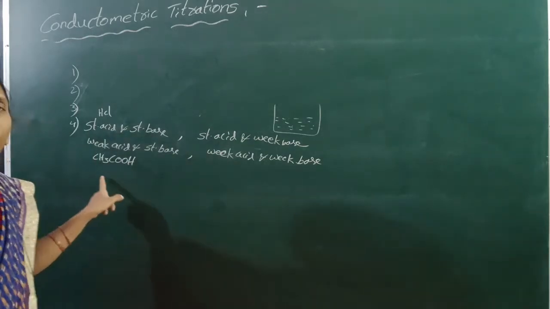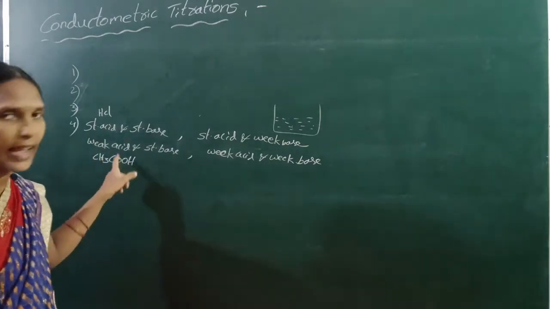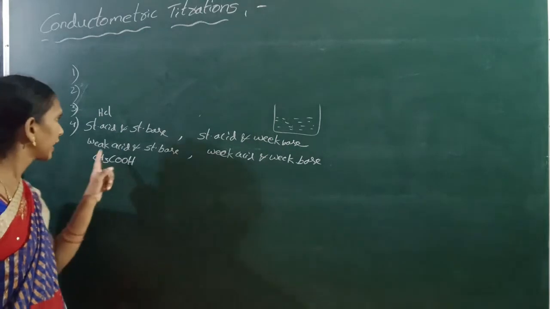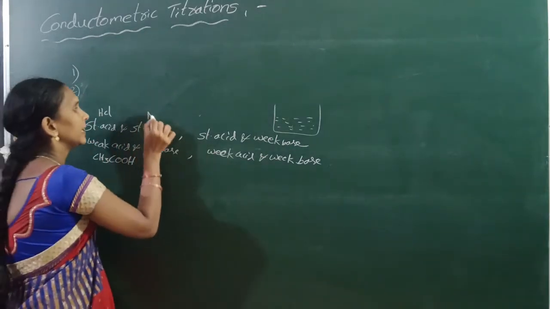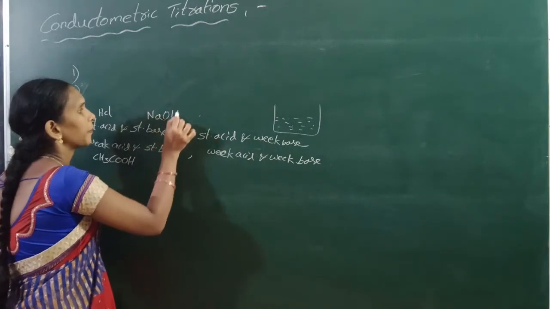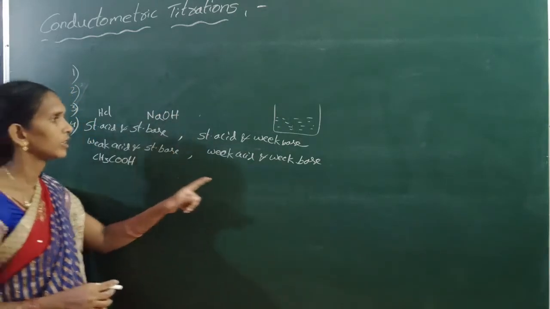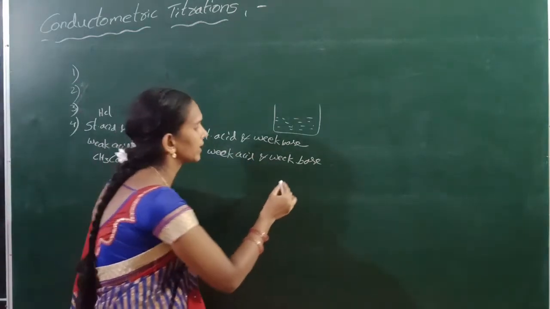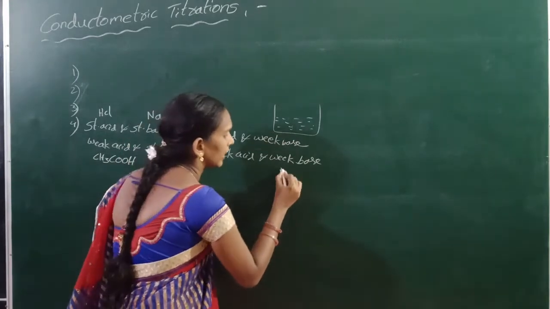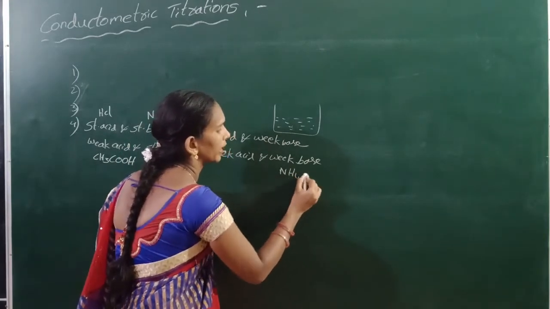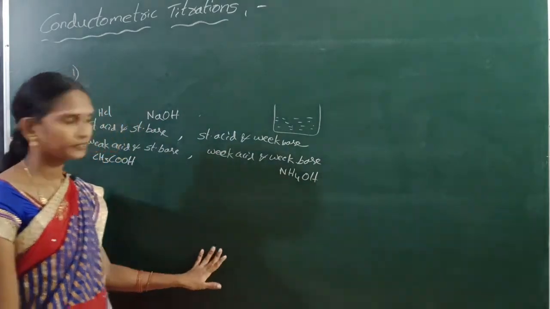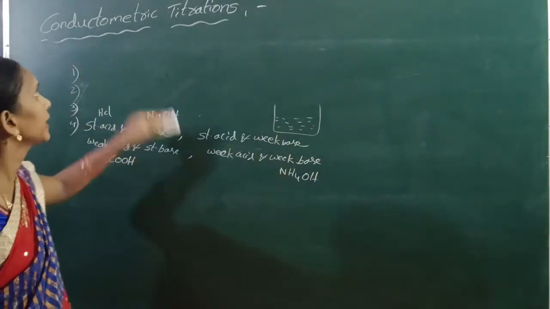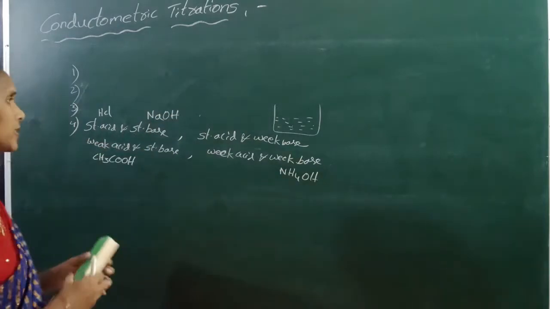Acetic acid is a weak electrolyte, that means weak acid. Strong base means NaOH. Weak base means NH4OH, ammonium hydroxide. These are the conductometric titrations.